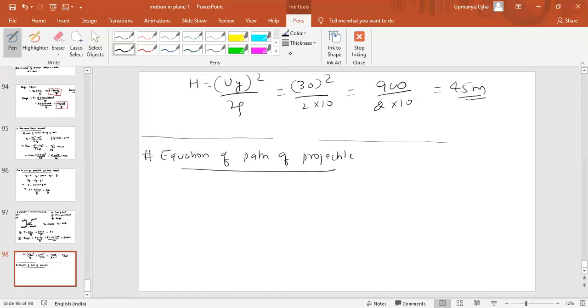So basically, if a body is moving in projectile motion, then its x coordinate is given by u cos theta into t.